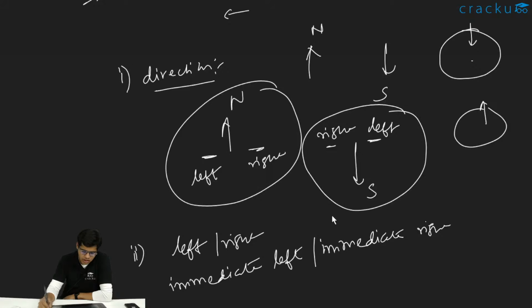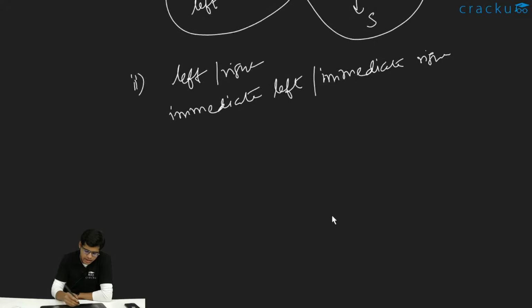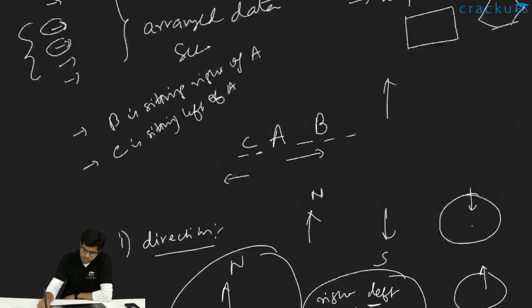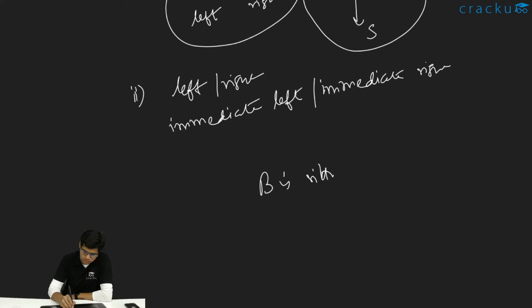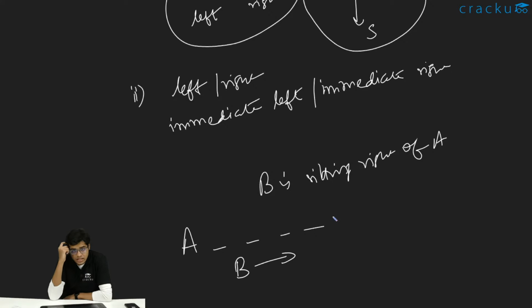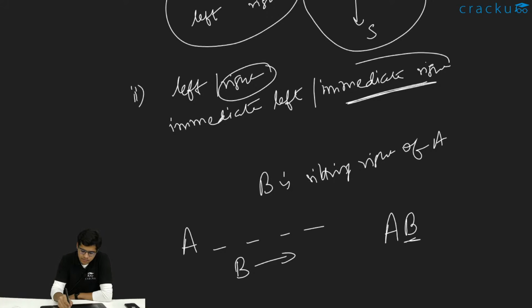As we discussed in the example, B is sitting right of A, where A is here. So B is right of A. But when I say immediate right, it means the immediate position right next to A, here B will sit. So it is very important to know the difference between right and immediate right.